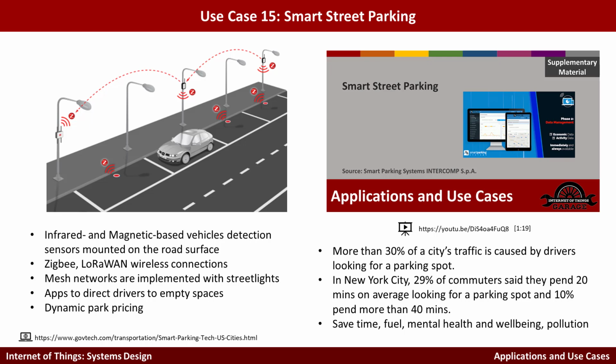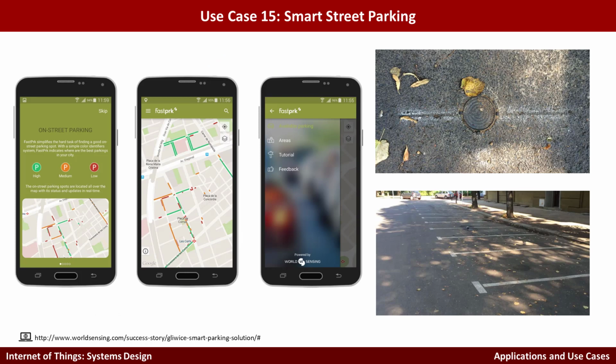So it has become quite challenging for drivers to find a parking slot. For example, in New York City, 29% of commuters say that they spend on average about 20 minutes finding a parking slot. Now please go and watch the video of the use case where they explain how they built the system.